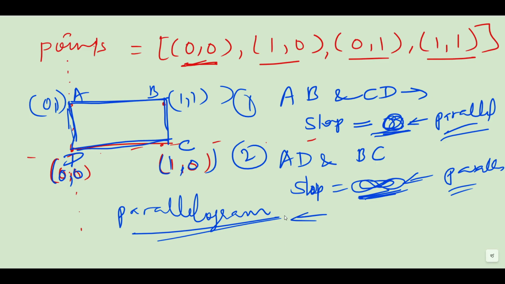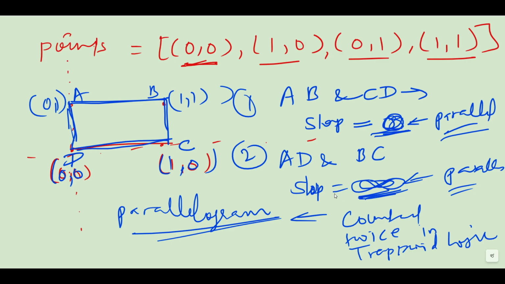Can we say that this is your parallelogram, right? And then we have to count it twice. Remember, in trapezoid logic, if we are considering these points, we have AB, CD and AD, BC, both pairs parallel, so we can say this form is nothing but a parallelogram, and it counts twice in trapezoid logic.